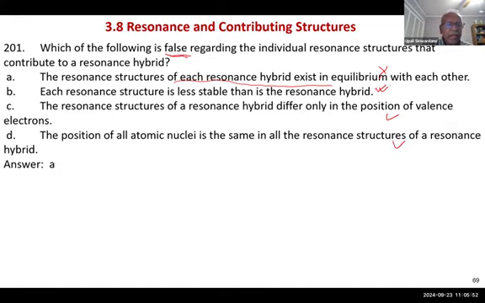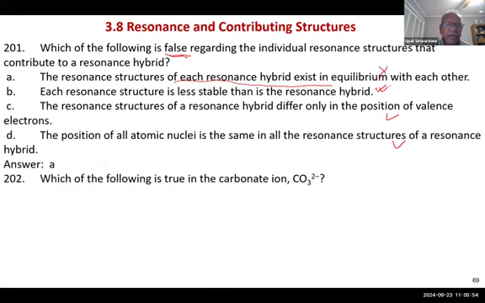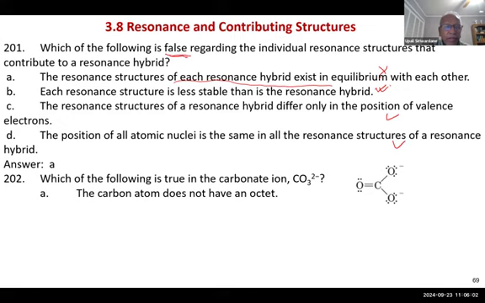Which of the following is true of the carbonate ion resonance structures? This is the carbonate ion. Carbonate does not have an octet? It does have an octet. Carbon and oxygen all have octets. Total valence electrons 24, that's correct.